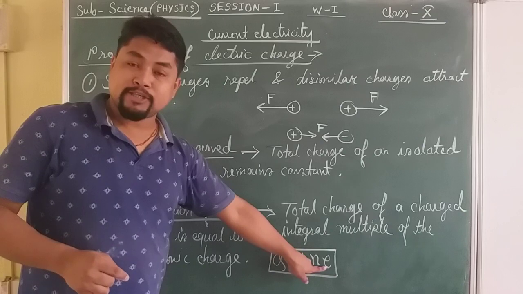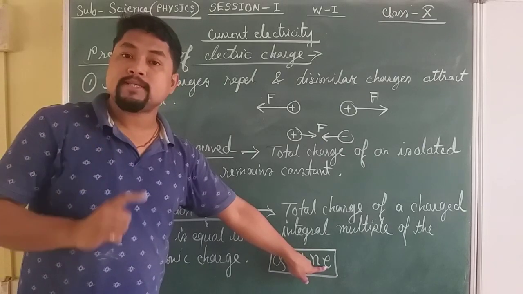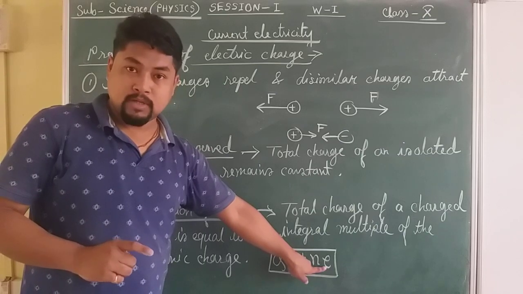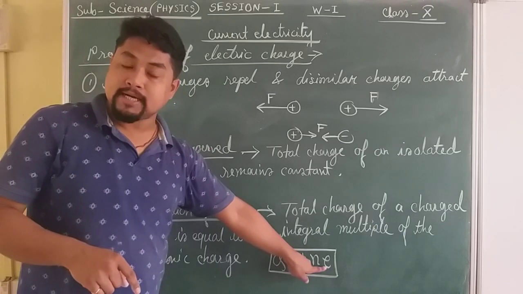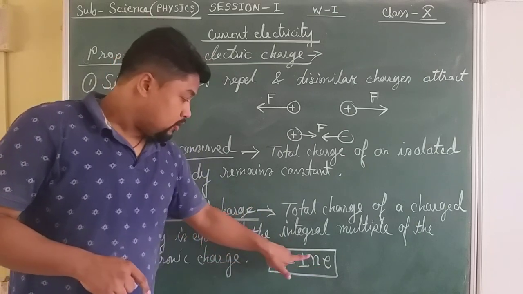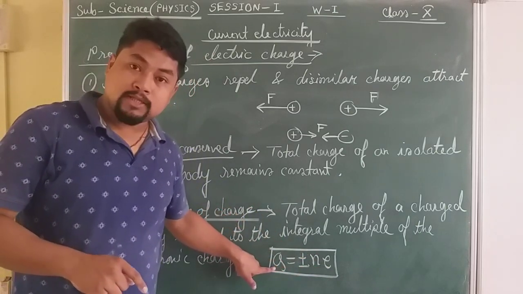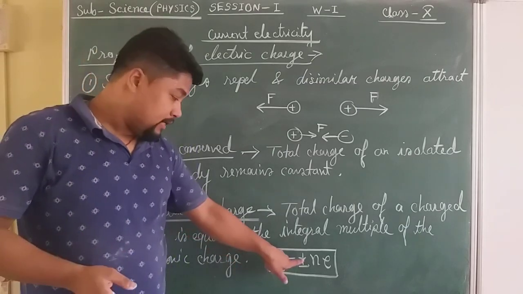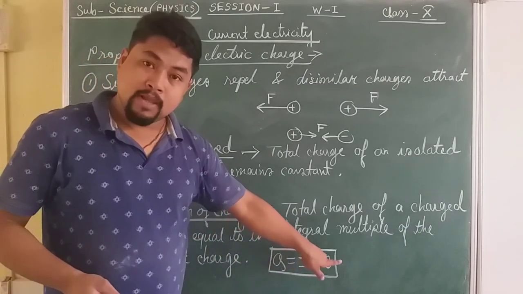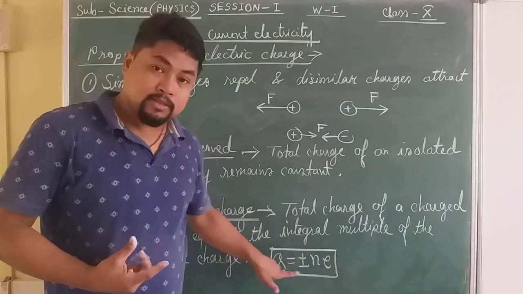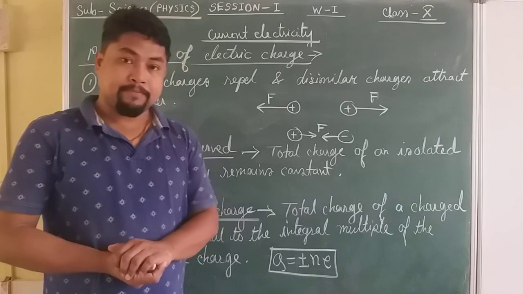The charge of an electron is 1.6 into 10 to the power minus 19 coulomb. The SI unit of electric charge is the coulomb. So if the body contains positive charge, then plus n, and if the body contains negative charge, then total charge is equal to minus n into e.